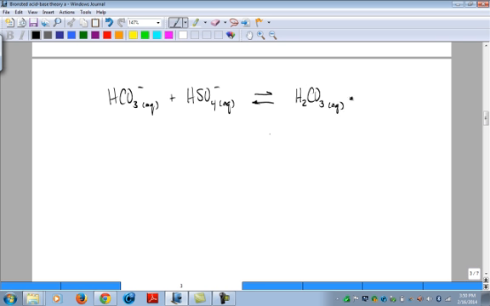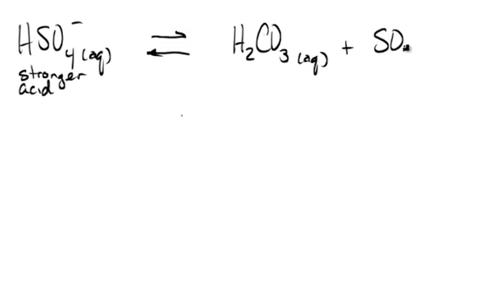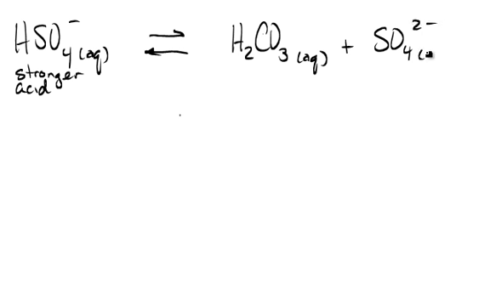Without knowing which is the stronger acid, I couldn't make this prediction. And the other product, since the hydrogen sulfate is the stronger acid, it's going to donate the H+ and form sulfate anion. So, let's see what looks similar.